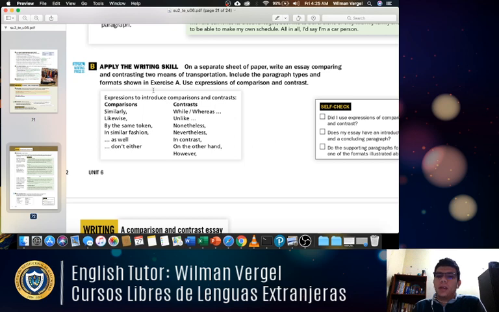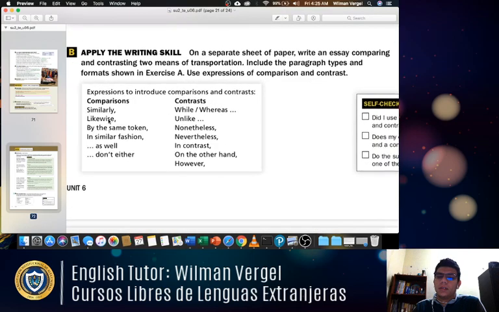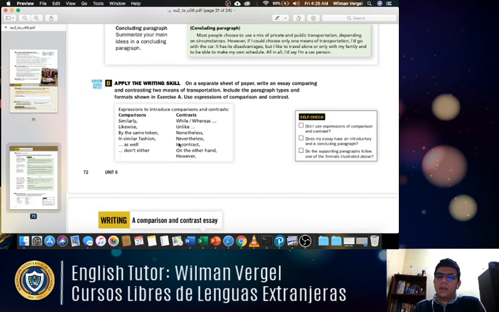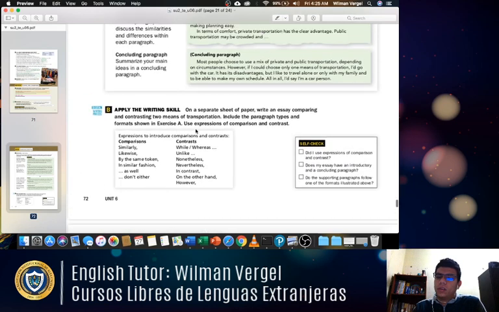Include the paragraph types and formats shown in exercise A. Use expressions of comparison and contrast. Here are some comparisons and contrasts. You're gonna talk about transportation. I want you to write an essay, just a one-page essay.